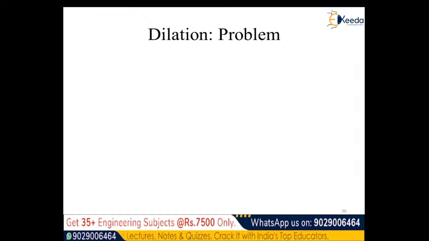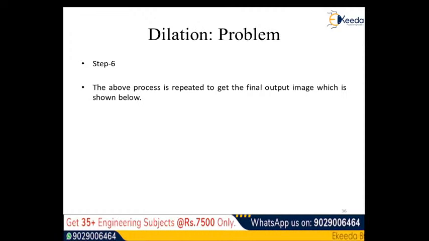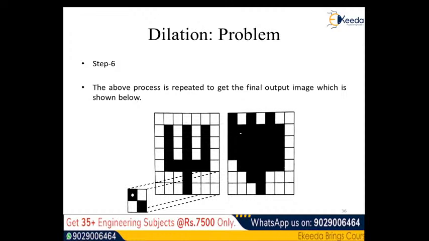So we go for the next step, that is step 6 here. The above process we have to repeat to get the final output of the image, and that output we obtain like this. So this is the structuring element, and from the left-hand side to the right-hand side in every row like this, if we go, we come to the last pixel of the image plane here.